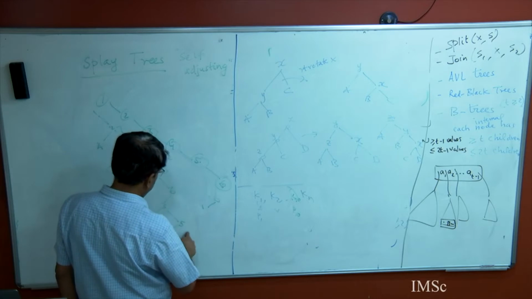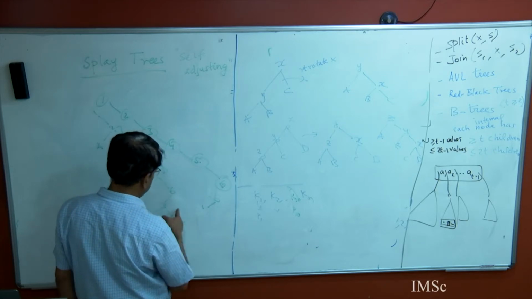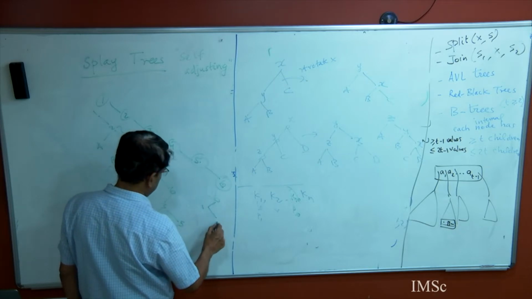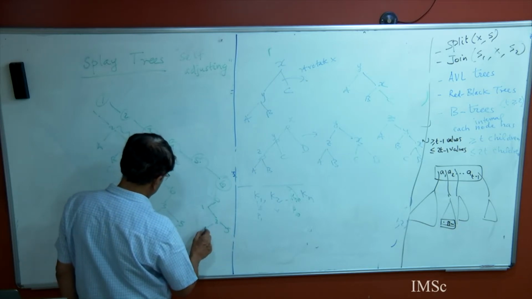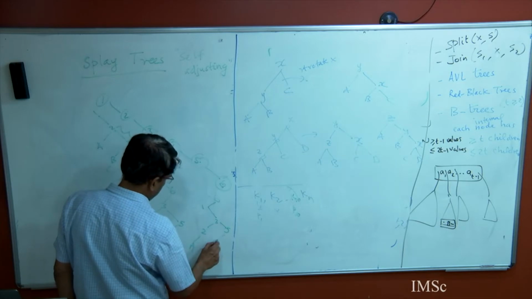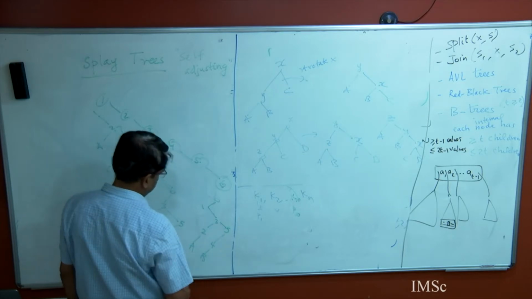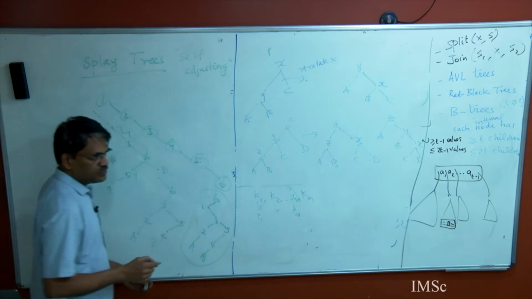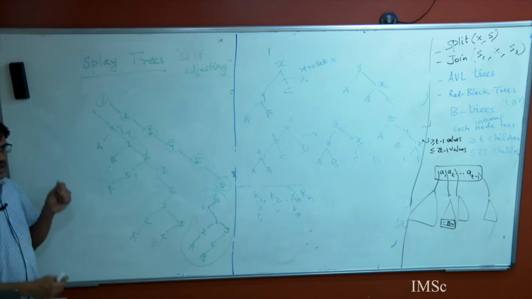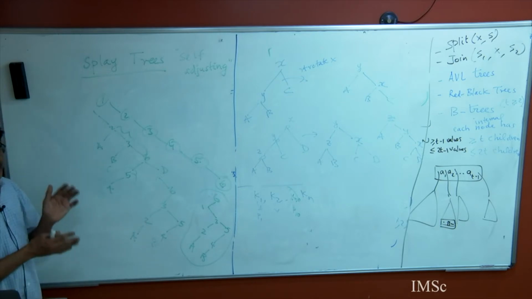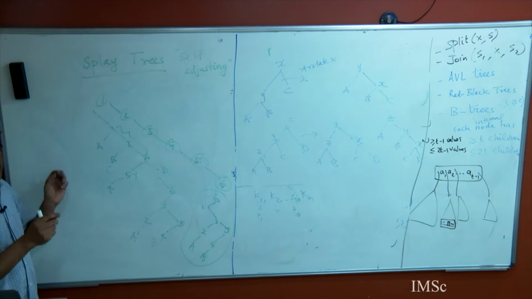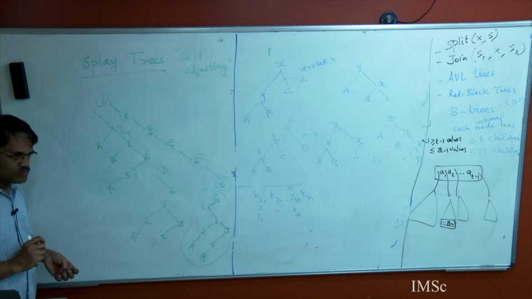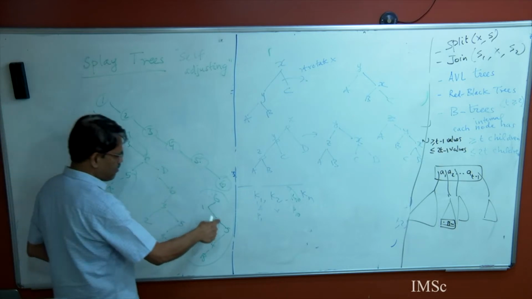But what will go to the right of 1 is this portion, because they're all there, so there will be 3, 5, 2. So this will be my final tree. Somehow the longest path has become half of what it was. This is the notion of path halving by doing these double rotations at a time, because there's some folding happening like this.